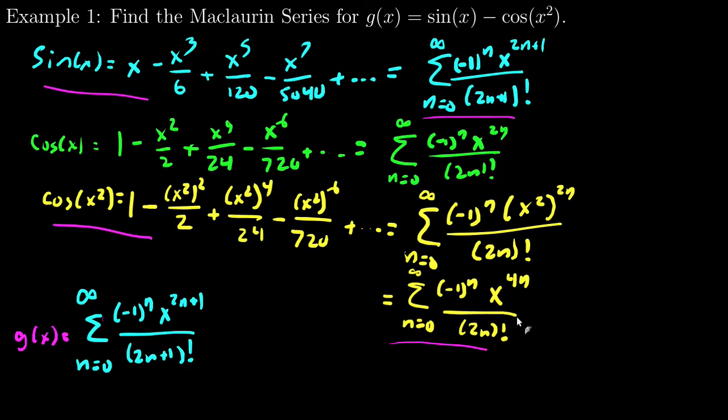Now, I could pull this straight into this sum, or I can leave it separate. I'm going to leave it separate. I don't think it makes much of a difference. So minus, because there's a minus sign here, this series: negative 1 to the n, x to the 4n, all over 2n factorial.